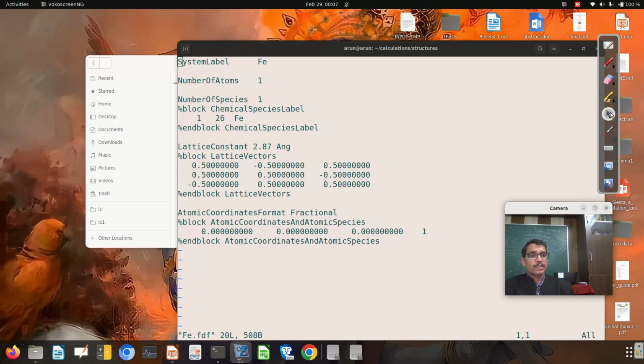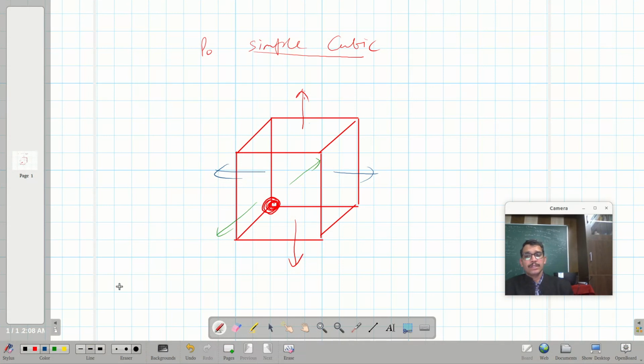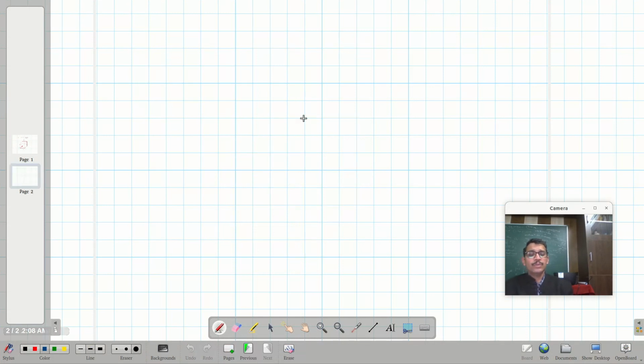So for this, let me open it again. For that, what should I do? Let us first of all make a unit cell. This is one.